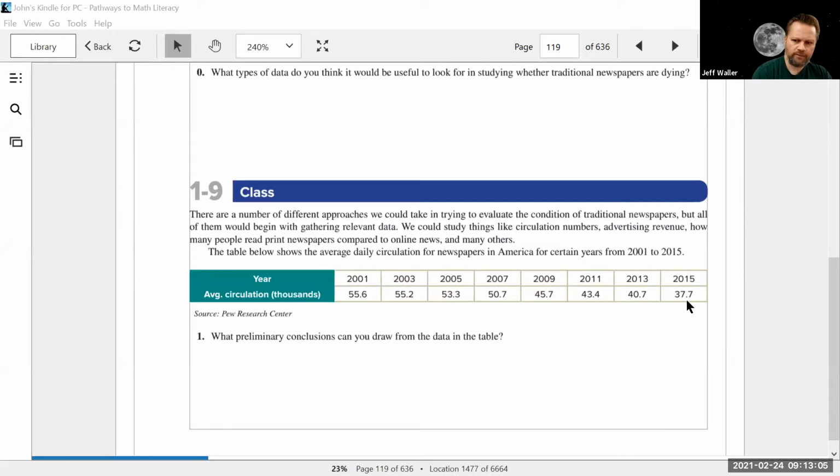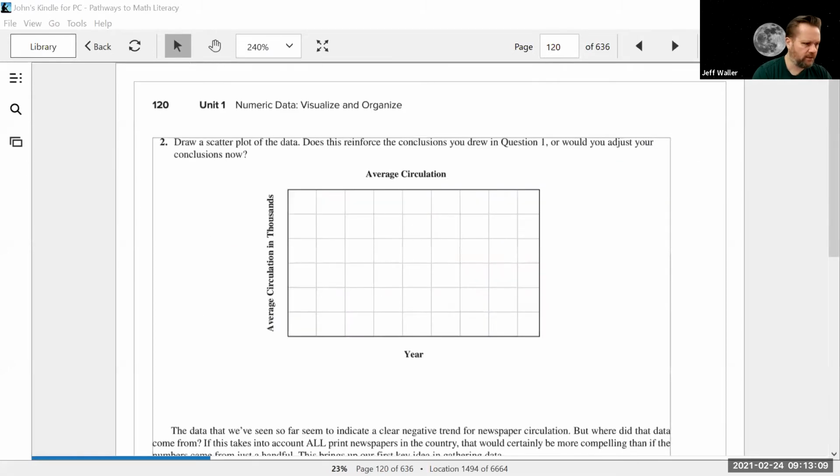So see, I want to go from 37 about to about 55. So maybe I could start at 35, right? If I start at 35, if I go by fives, would that get me up 40, 45, 50, 55, 60? That gets me up a little too high, but that would probably do fine.